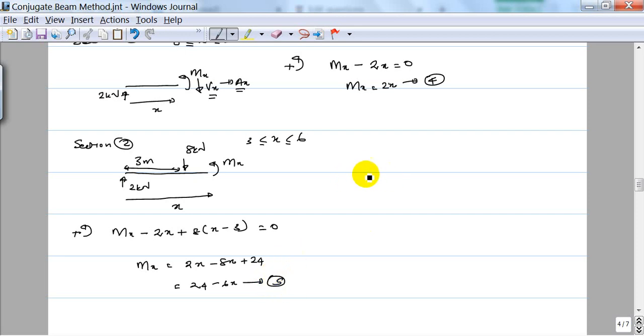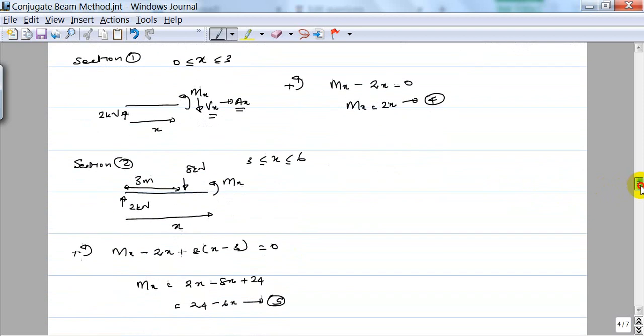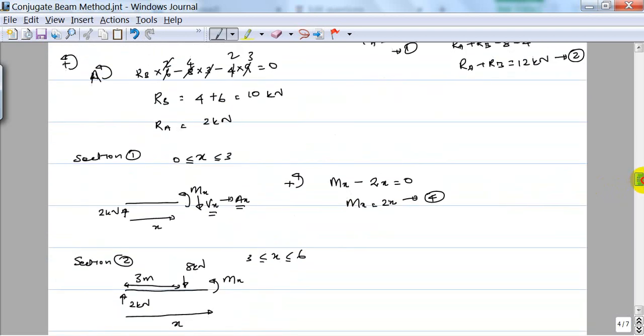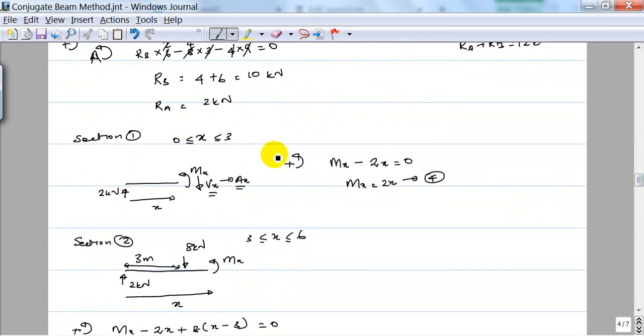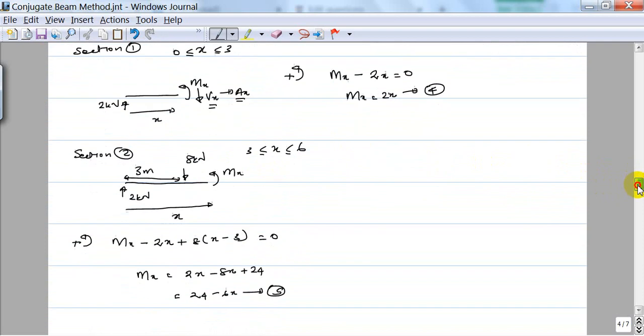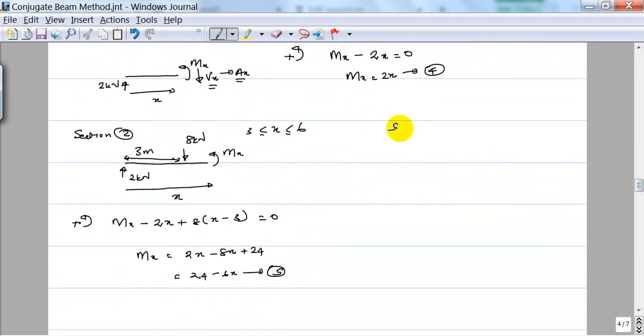So now I have a relationship for the range 0 to 3 and 3 to 6. Now I'm going to get section 3, which is x greater than 6 less than 9.